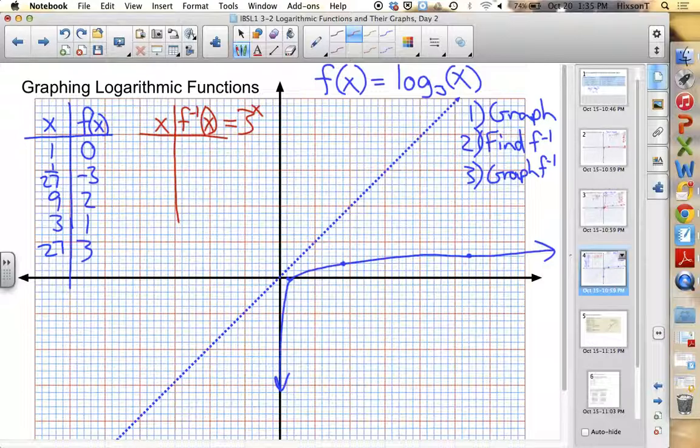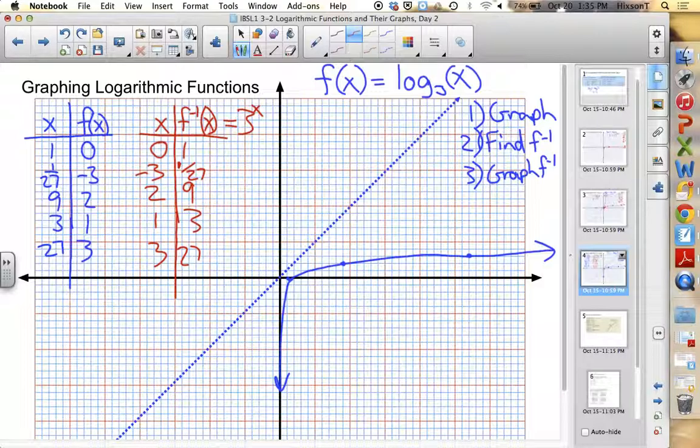Now, what are some points you guys got for that? 0, 1. 1, 3. 2, 9. 3, 27. Negative 3, 1/27. There you go. So look, what do you notice happened? They just switched. Yes, you just switch your x and y coordinates.